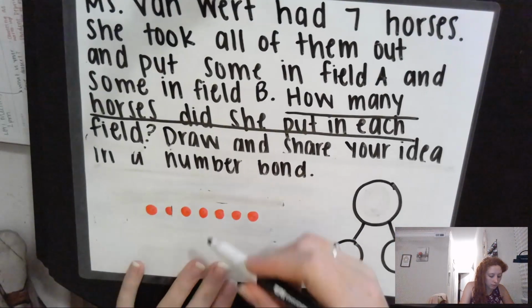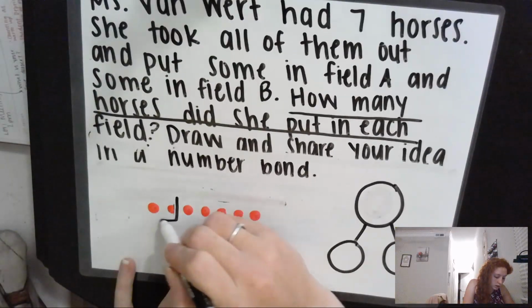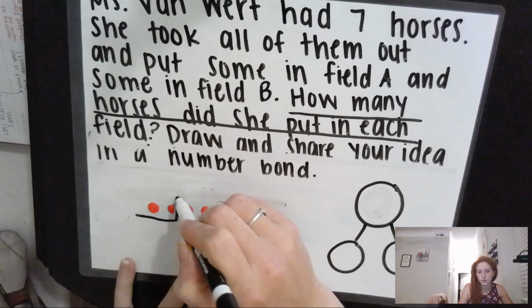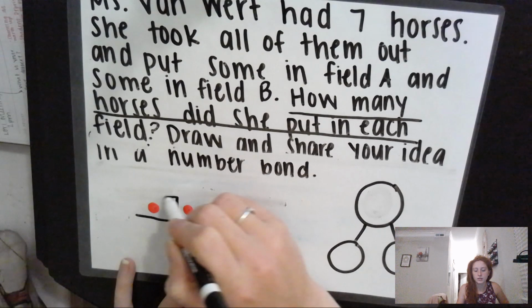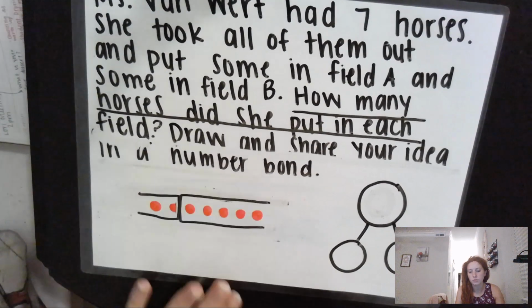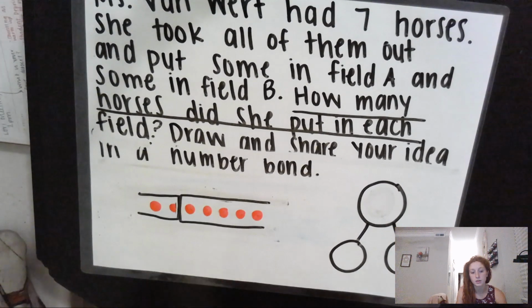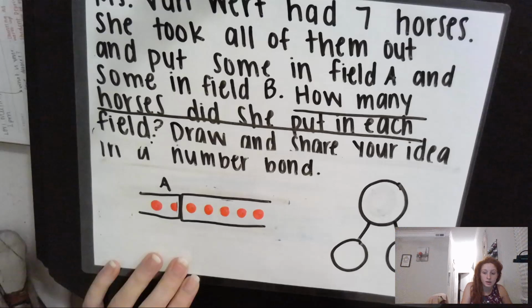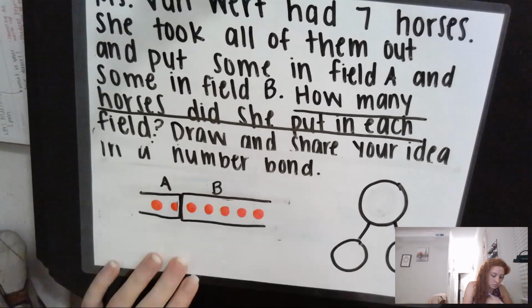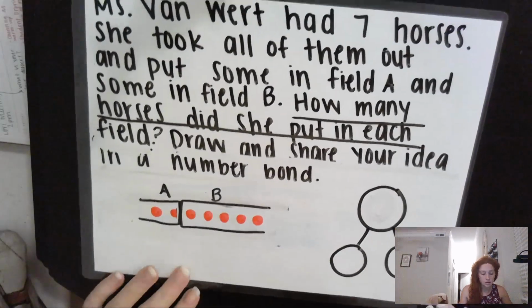So for this problem, I'm going to split it up here and here. Oops, I froze. But I was saying for this problem, I'm going to split it up here, and those are my 2 groups. And I'm going to say that this group went to field A, and this group went to field B. Okay?